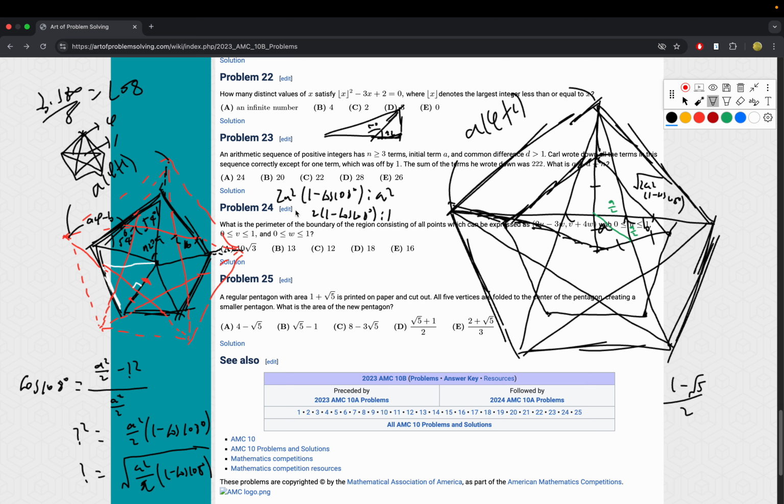Cosine 108. Cosine 108 is equal to negative sine 18 degrees. But we decided not to use that. But I guess we have to do that.